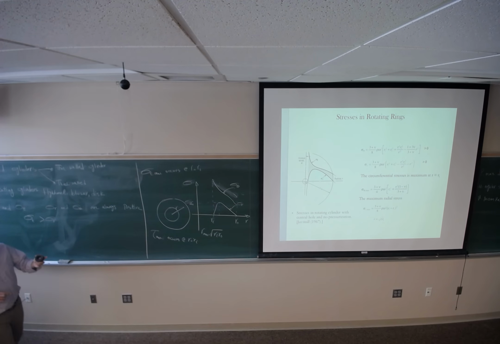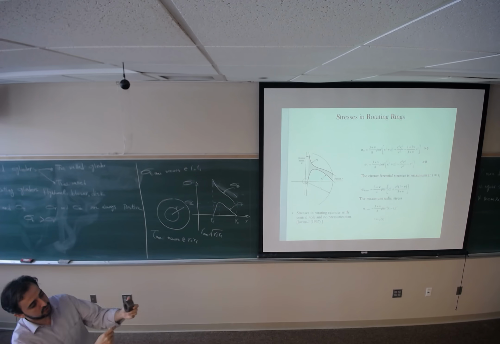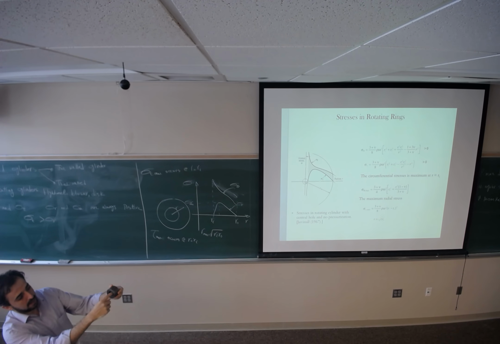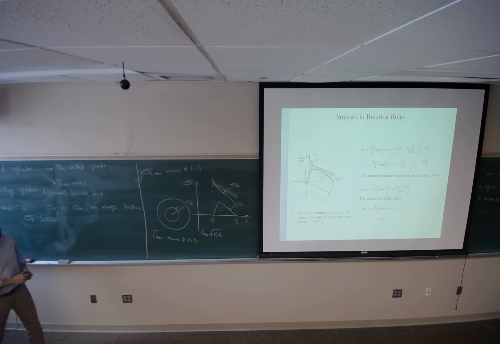So this is how the radial stress and the tangential stress develop over the rotating cylinder. Before I work on one example, the next topic, which is going to be the last topic on cylinders, would be press fit.